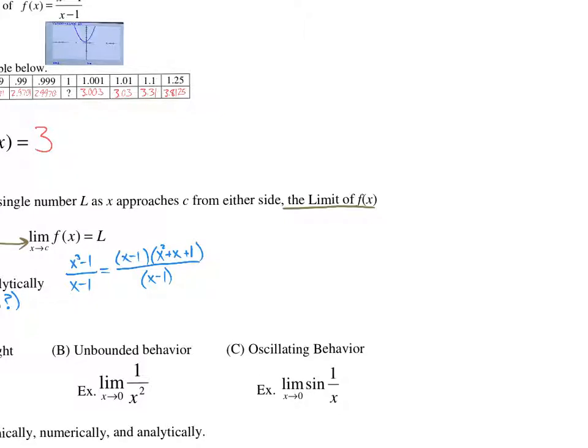Now, here's the thing. If you forget how to do this, we know how to do synthetic division, right? So if we had a 1x cubed, 0x squared, 0x, and a minus 1, and we want to divide out an x minus 1, we put a plus 1 in the box there. And then remember, add down, multiply over, 1 times 1 is 1.